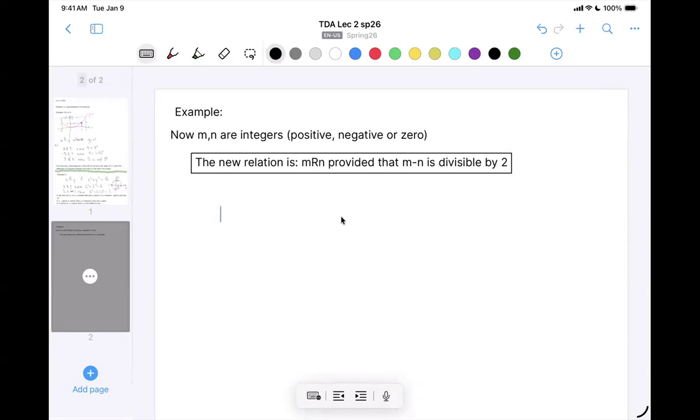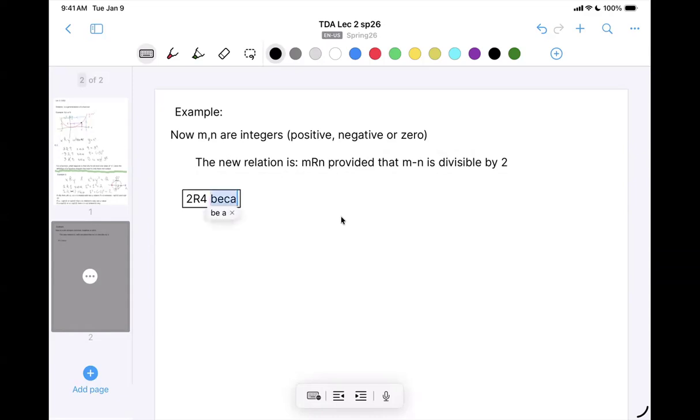So, just to start with some special cases before I say something else: for example, 2 is related to 4, right? Because 2 minus 4 is just -2, which is a multiple of 2. That's just 2 times -1, right?